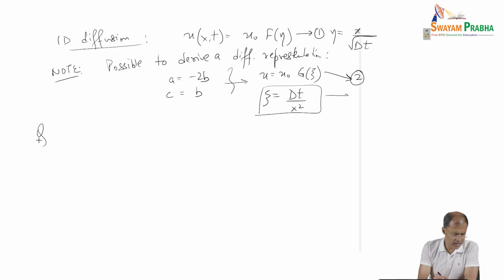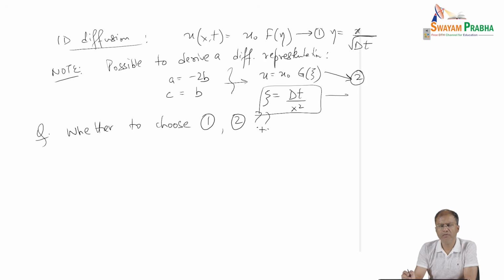So the question is whether to choose form 1 or form 2 for the final form of my answer. So I am actually going for the kill here. I am trying to find the exact form of the solution to this 1D diffusion equation, this time using the method of similarity variables.